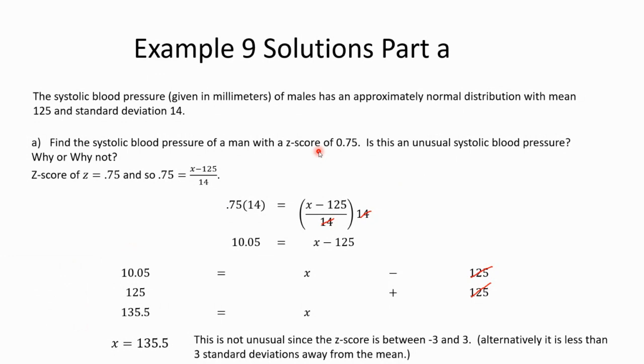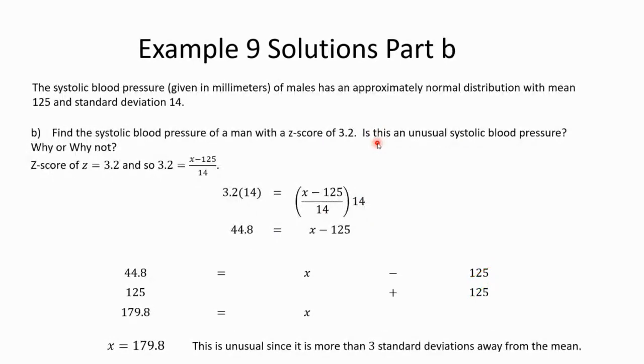The z-value is 0.75, so this is not unusual, this blood pressure. Okay, that's good. Remember, the z-value tells you how many standard deviations a data value is from the mean. So that's for this problem.